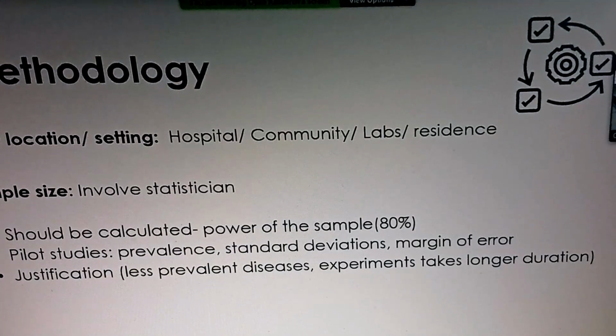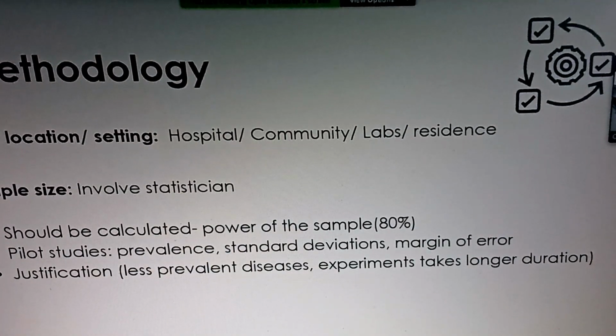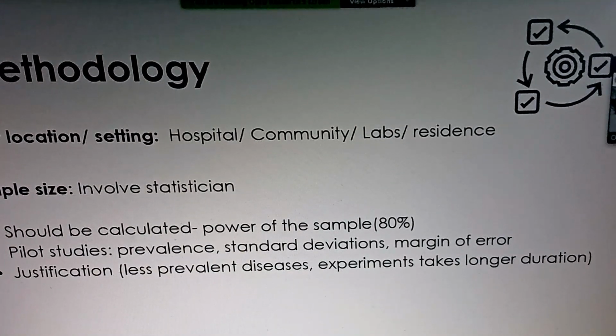Next is the sample size. I think many of you get confused or get tensed looking at the sample size calculation. It's better to involve a statistician if you are not able to do it. And please remember, you should always have a sample size calculation with a power of at least 80%, and always do a pilot study if you are doing something very new and you don't know what to do.